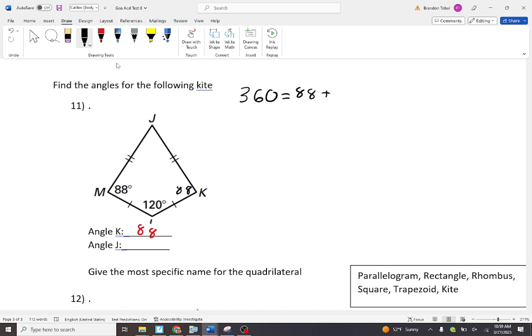Okay, so 88 plus 88 plus 120, plus a mystery number I don't know, so I'll say plus J. Should I actually do 360 minus 88 minus 88 minus 120? You can do it like that also. So all that added together, 160, 172, 292 plus J. Subtract 292 on both sides. 296.